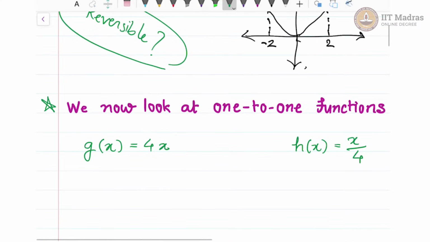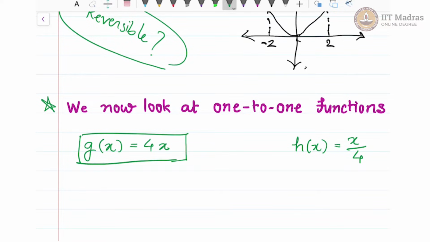Let us look at a simple linear function, g(x) = 4x. Is this function reversible or not? In order to answer this question, we can put y = 4x.